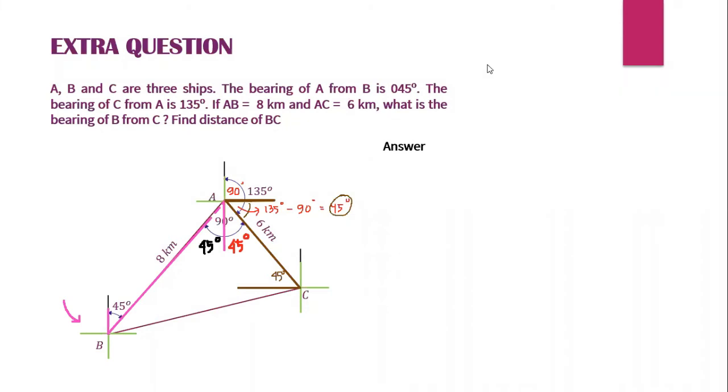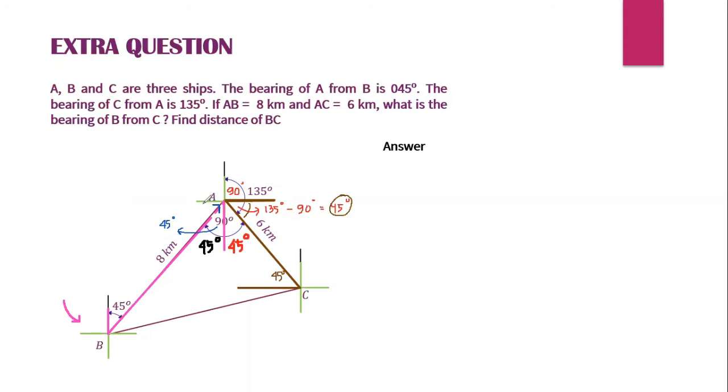Okay, students, now we go to point A. What's the information we got from point A? I think it's very easy here. Here is 45 degrees. And this one is 90 degrees. This angle is 90 degrees.